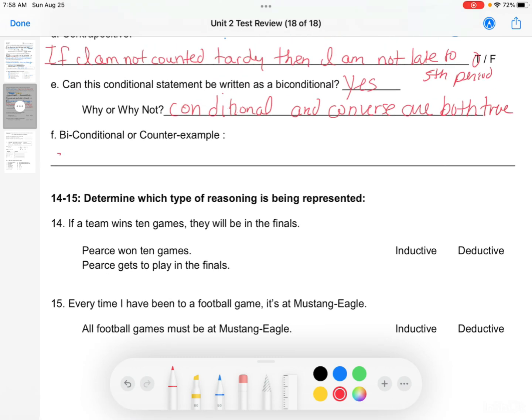So, I am late to fifth period if and only if I'm counted tardy. Okay.